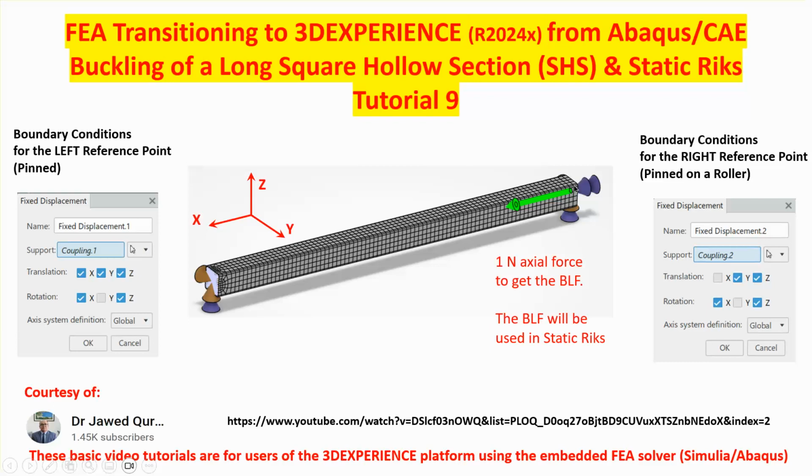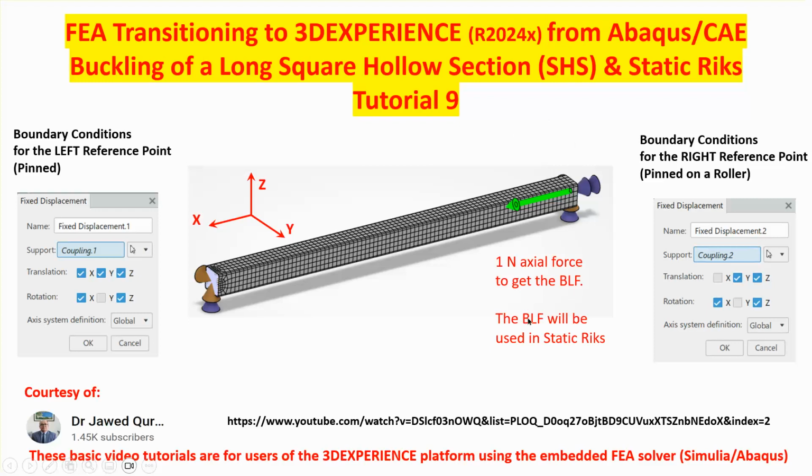The problem will involve three steps. The first step is a buckling analysis to find the theoretical linear buckling load, which is a buckling load factor essentially, and that's done by applying 1 Newton here, for example, and asking the program to give you the load factor.